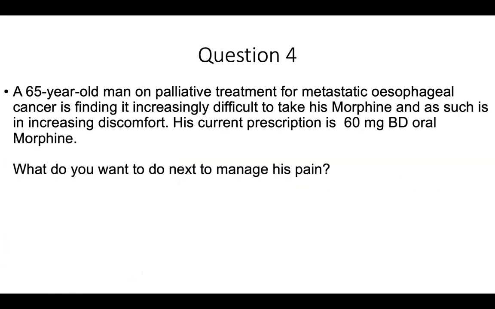Question 4. A 65-year-old man on palliative treatment for metastatic esophageal cancer is finding it increasingly difficult to take his morphine, and as such is in increasing discomfort. His current prescription is 60 milligram twice daily oral morphine. What do you want to do next to manage his pain?